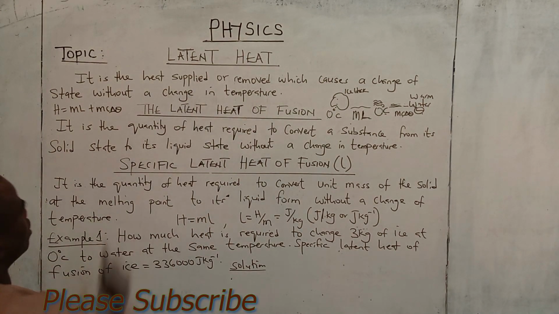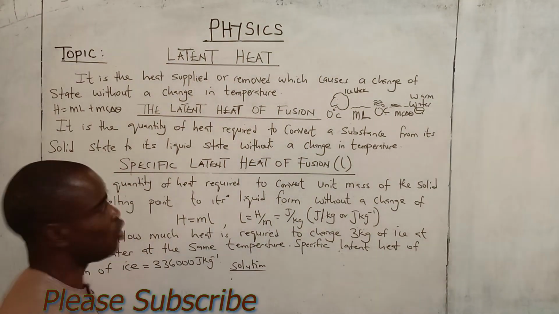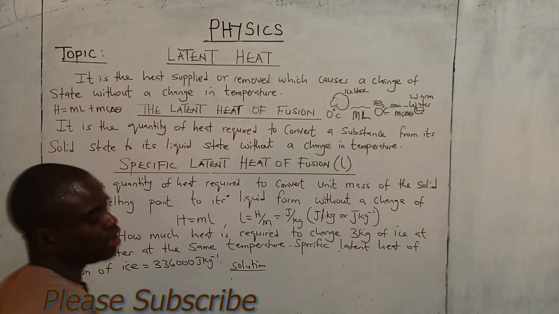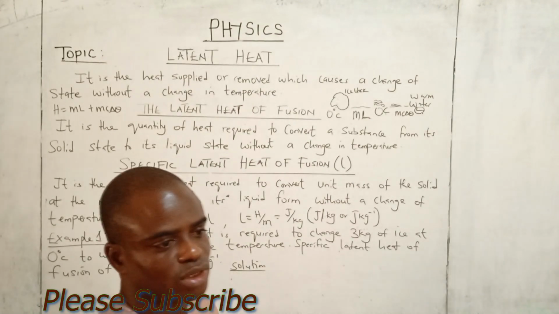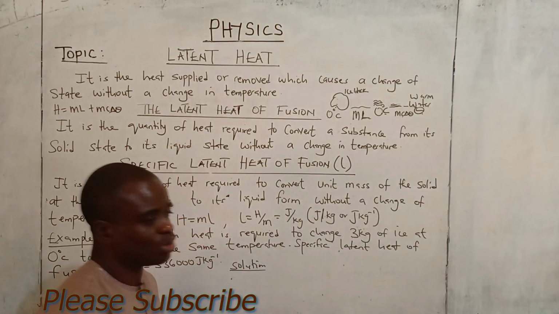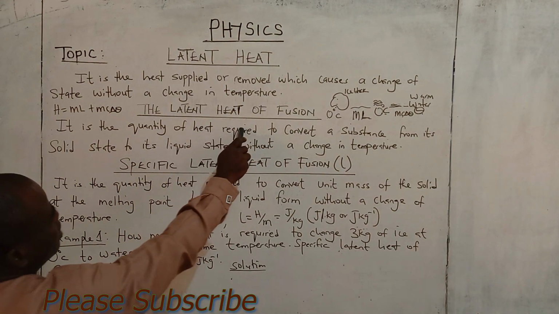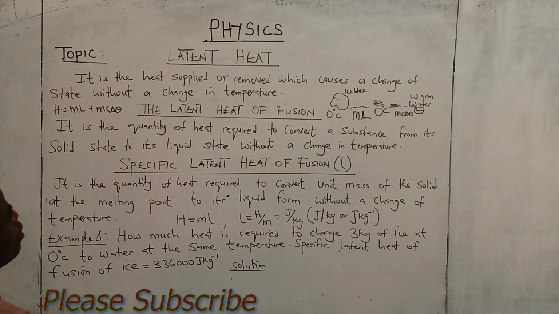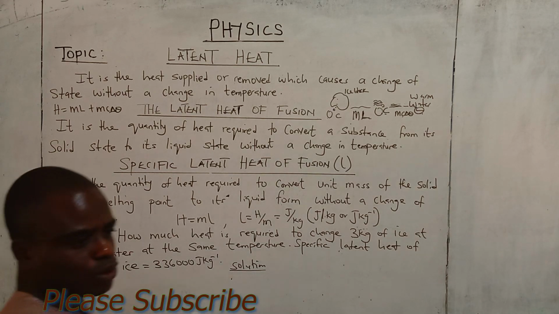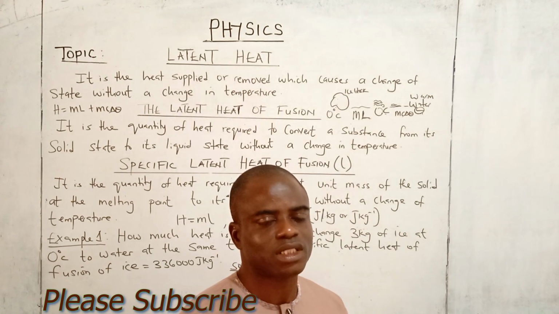Now, what is latent heat? It is the heat supplied or removed which causes a change of state without a change in temperature. Now, what is the latent heat of fusion? Fusion means something that is getting melted.